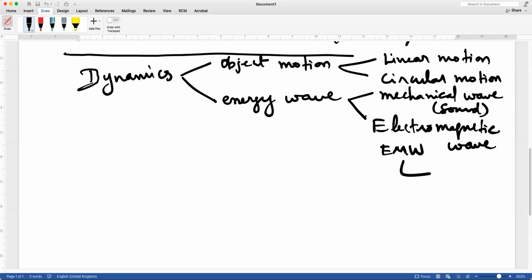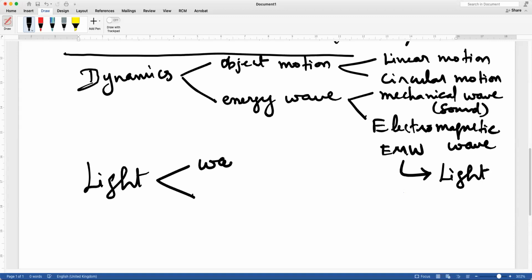And in there, one particular band is light. And light itself has a nature: it can behave like a wave or it can behave like a particle.